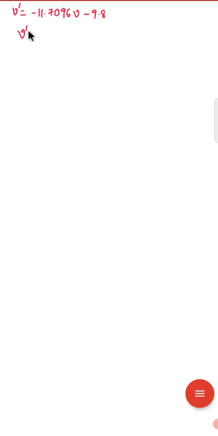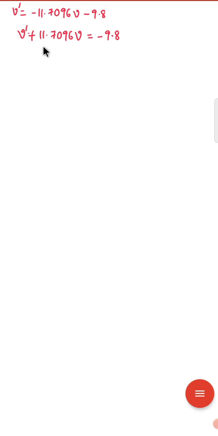This we can put it as v dash plus 11.7096 v is minus 9.8. So in order to solve this, we already know how to solve a linear differential equation.